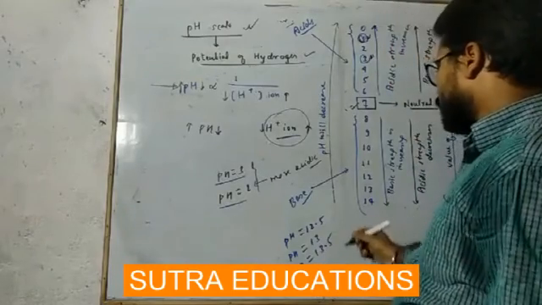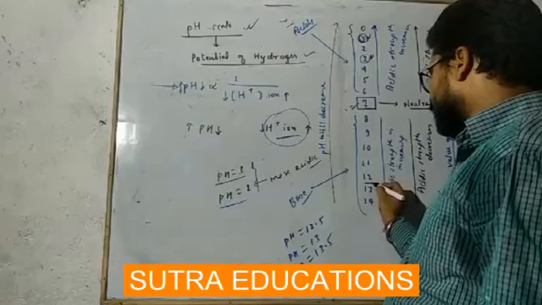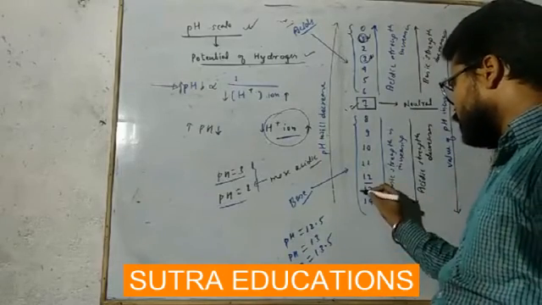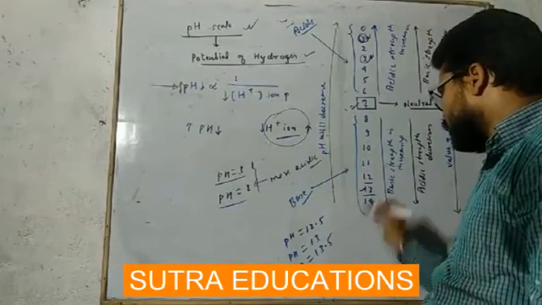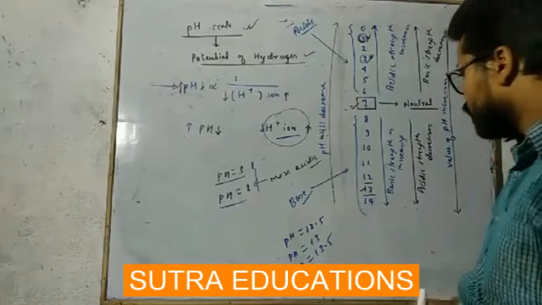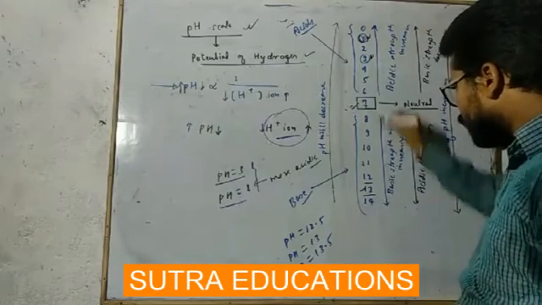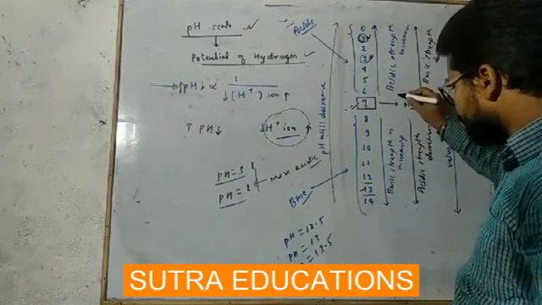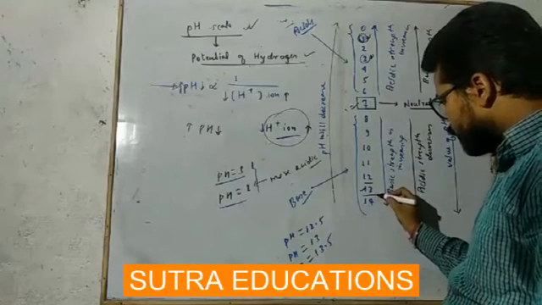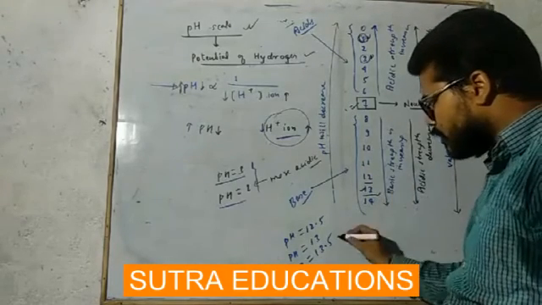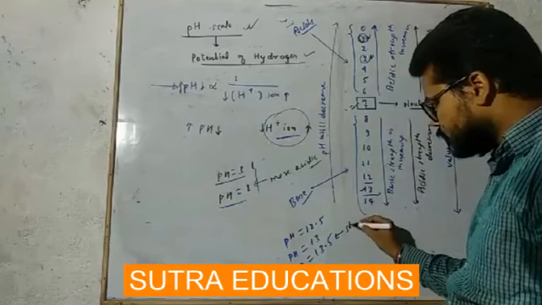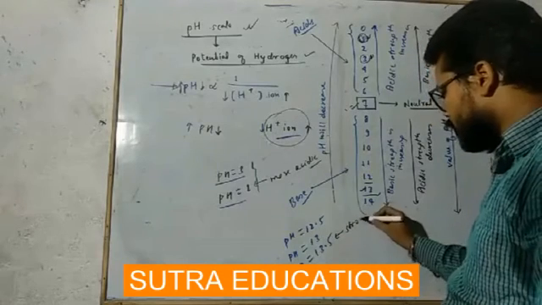Then 12.5 will be here, 13 is here, and 13.5 will be here. As we come downward, basic strength increases. So 13.5 will be the strongest base out of all these three bases.